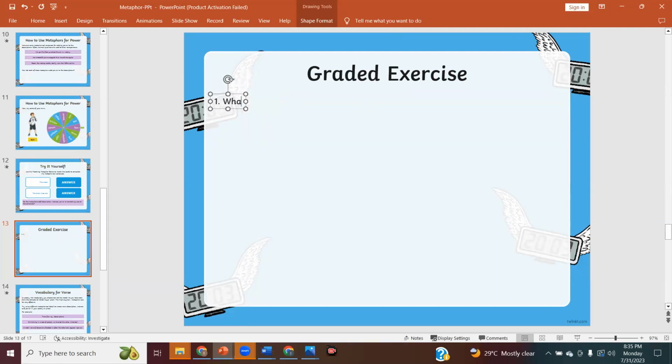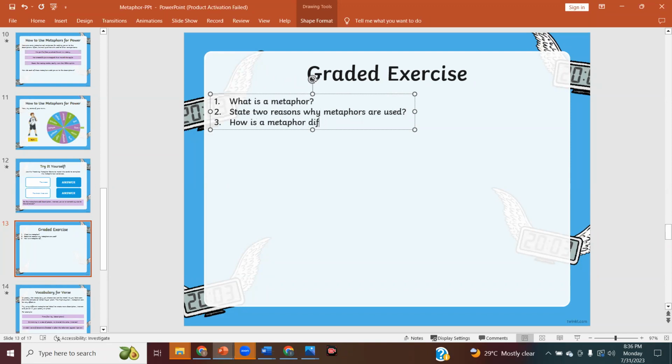Question 1, what is a metaphor? Question 2, state 2 reasons why metaphors are used. Number 3, how is a metaphor different from a simile?